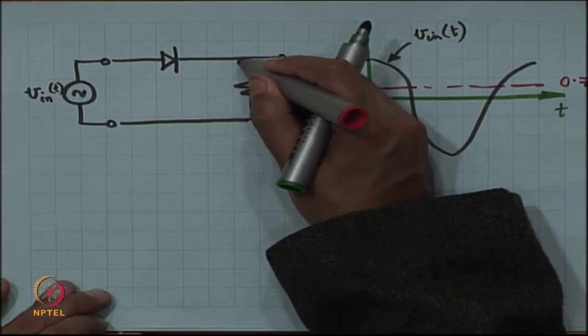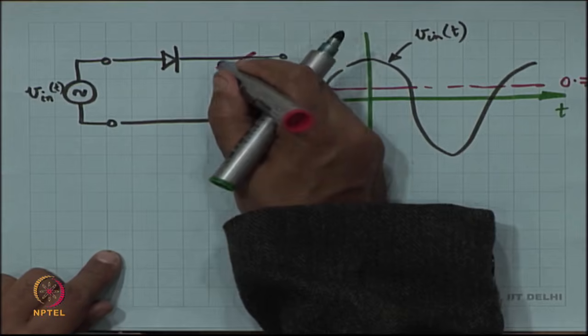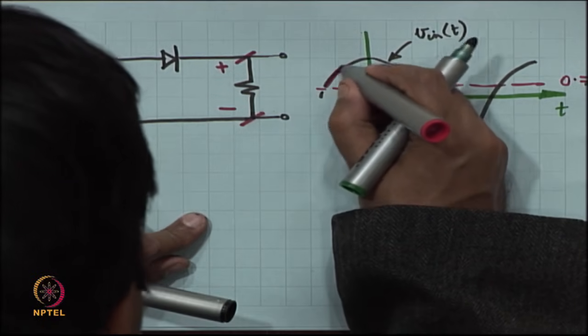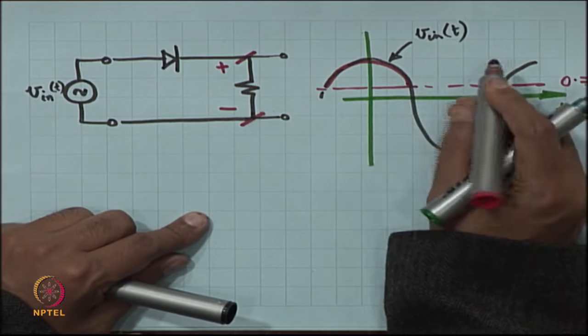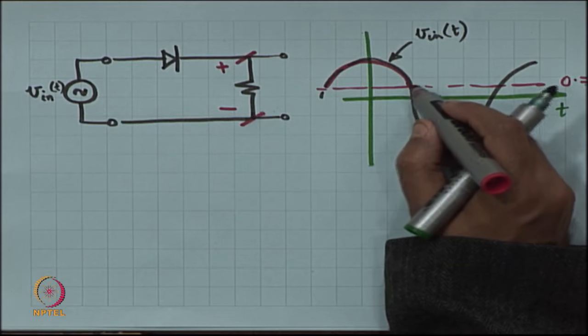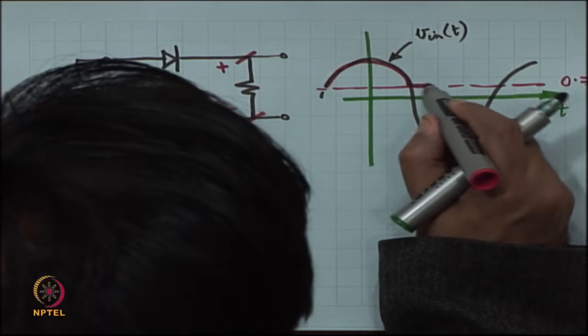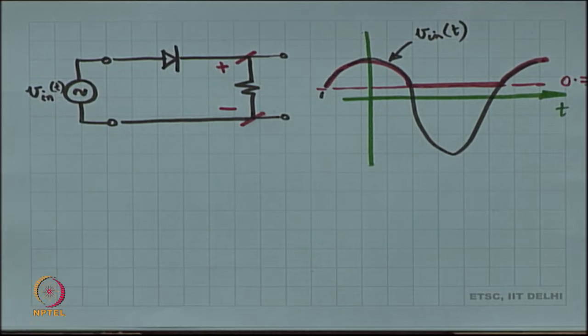So, if you think about it, the drop across this resistor is just this portion, and then when it is reverse biased, there is no current, which means the drop across the resistor is 0, and so on and so forth. Okay.